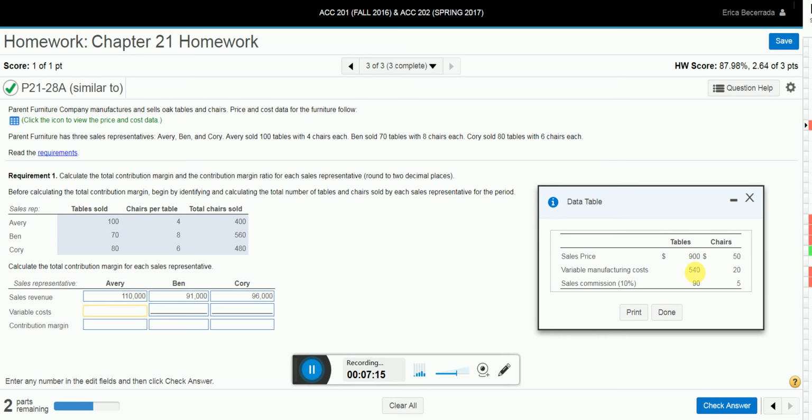So 400 multiplied by 20, we get 8,000. So we're going to add that 8,000 to the 54,000 from the tables. And we get 62,000 for his variable manufacturing cost. And now for Ben, we know Ben sold 70 tables, multiplied that by 540.